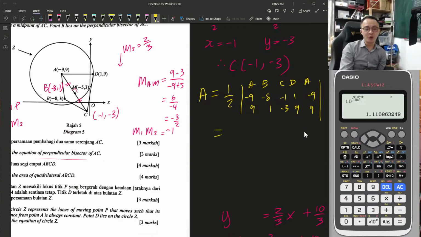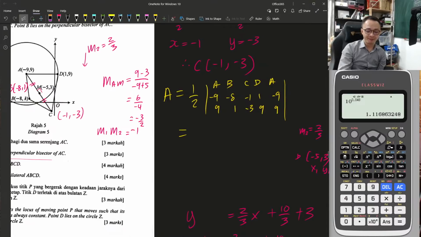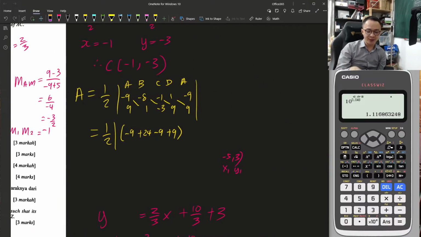Okay, so then we multiply one by one. In this direction first, this one is -9 plus 24 minus 9 plus 9. And then we minus, at the opposite direction, I multiply like this: -72 minus 1 minus 3 minus 81.